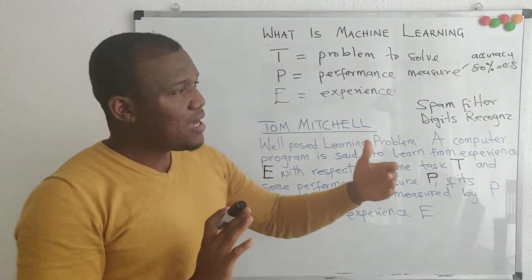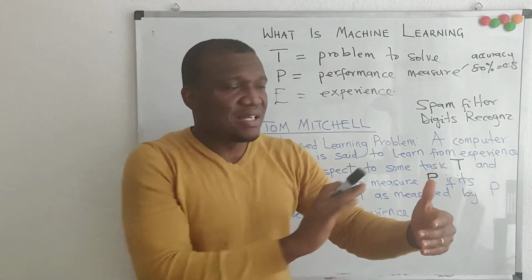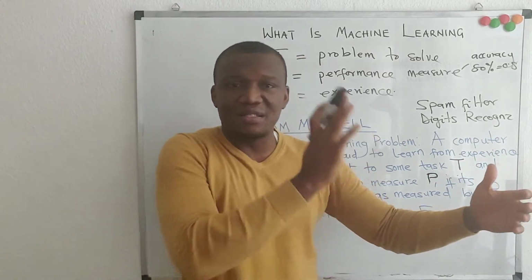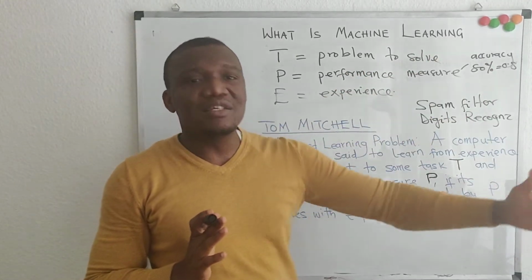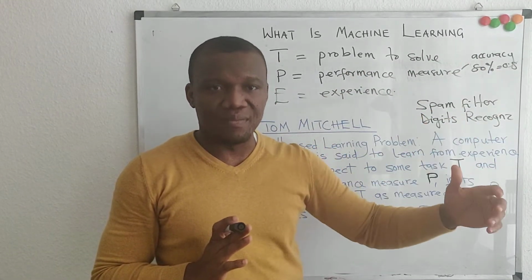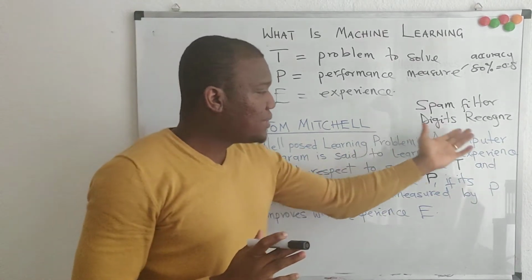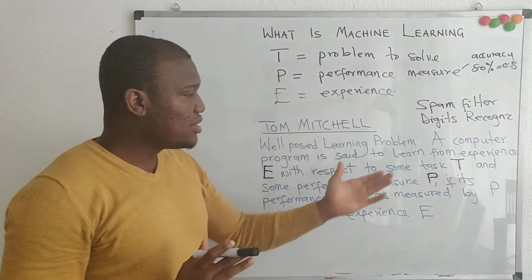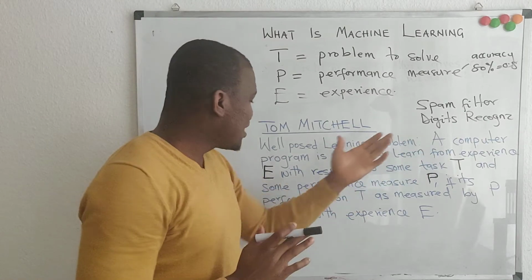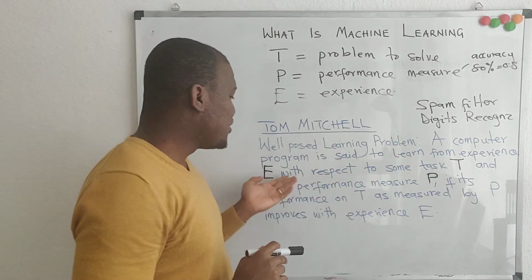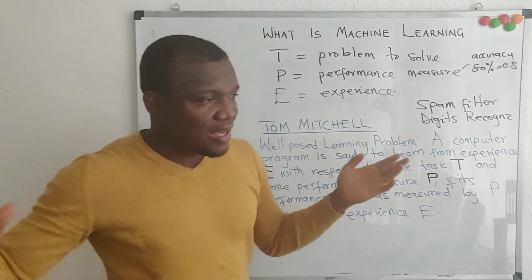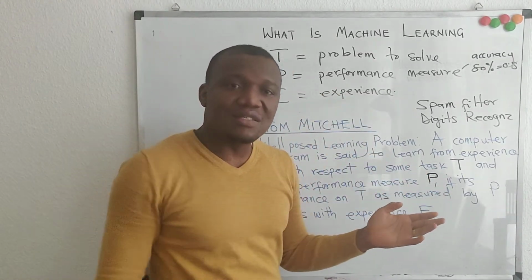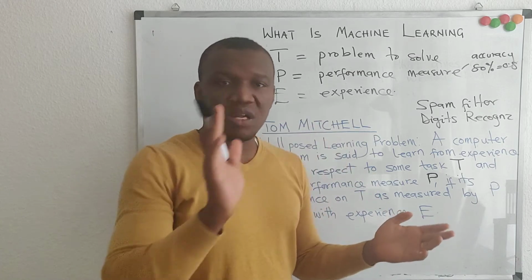So the lesson here is that after every successive passing of the data set through the model, you expect that its performance is going to improve with time. So that is all captured in Tom Mitchell's definition, which says that a computer program is said to learn from experience E with respect to some task T. So the E here is the repeated passing of the data through the model.